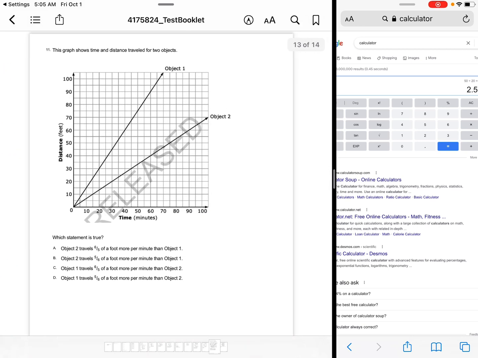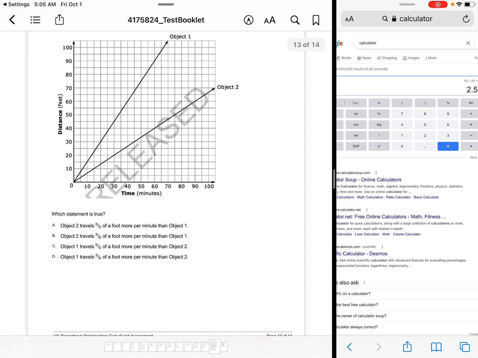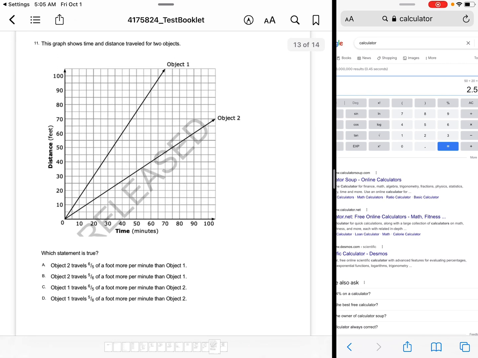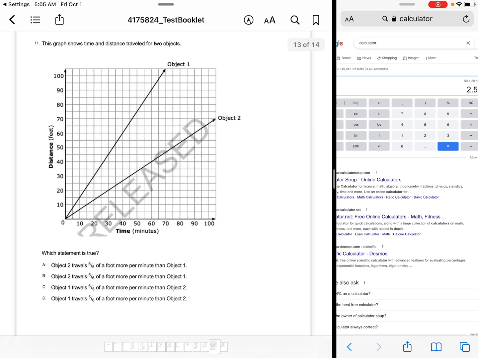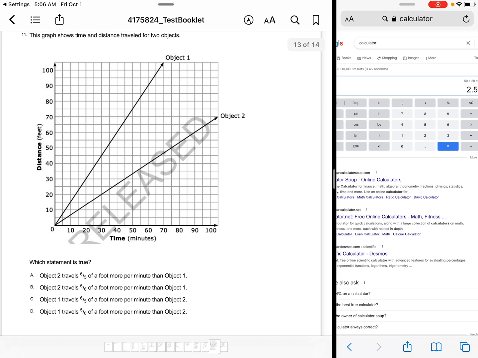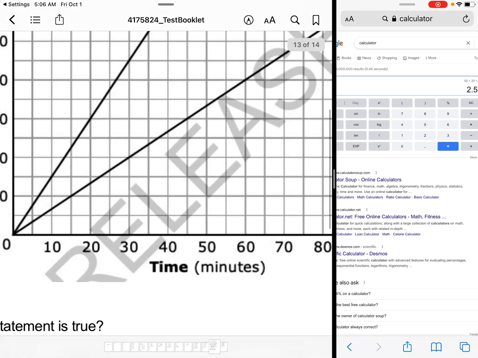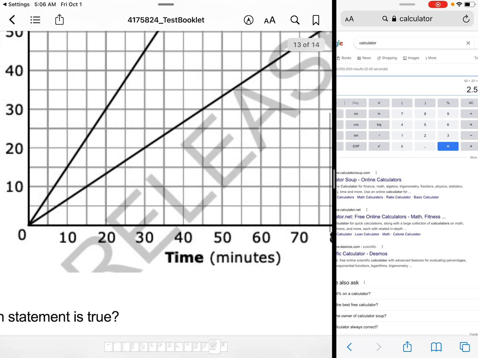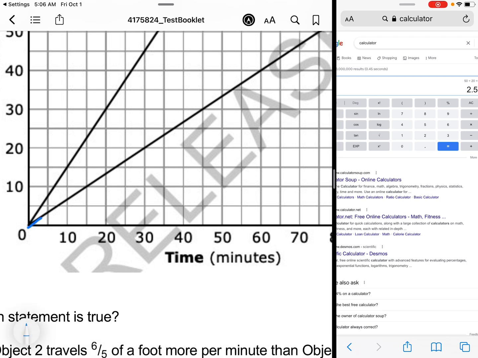The next one's talking about objects, and this is a release DOG question. So it says, which statement is true? This graph shows the time and distance traveled for two objects. So they want to know which object travels more per foot. Okay, so I'm going to have to find a point in the crosshair so I can compare my constants of proportionality.